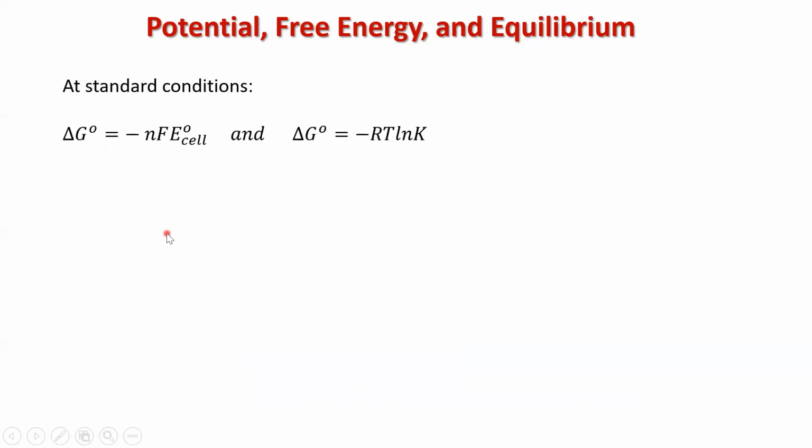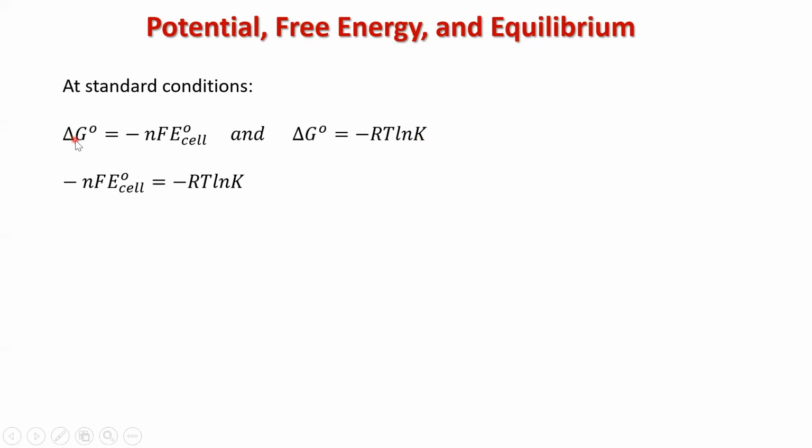So delta G equals negative NFE. This is a new equation. Delta G also equals negative RT ln of K. This is an old equation that relates free energy to equilibrium. We can set these two equations equal to each other.